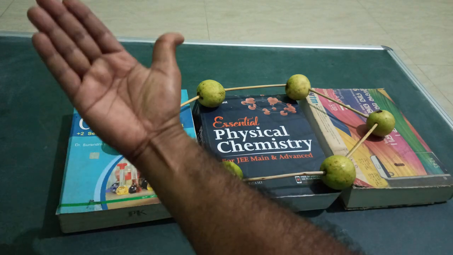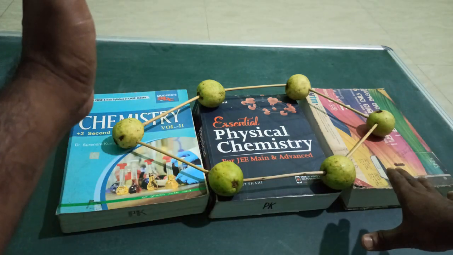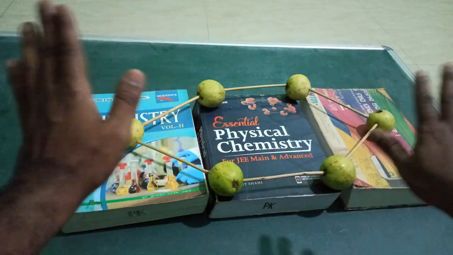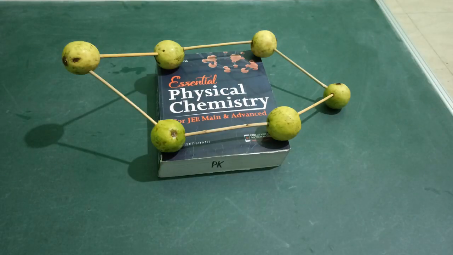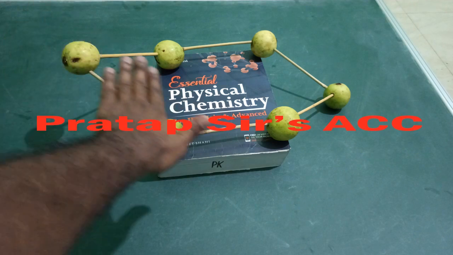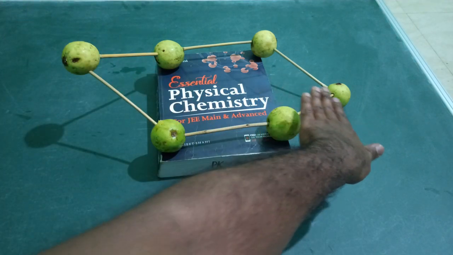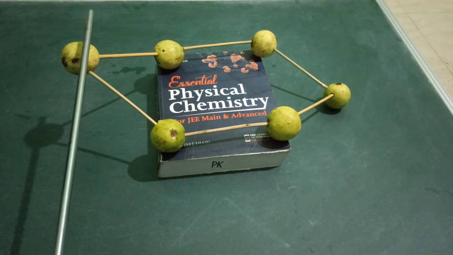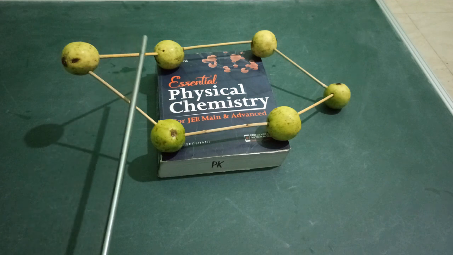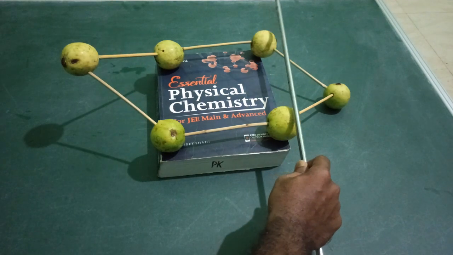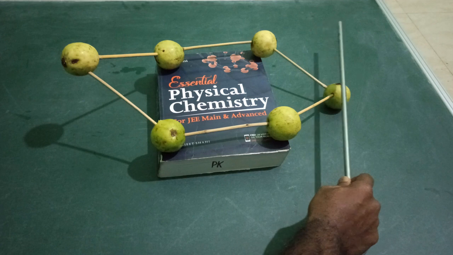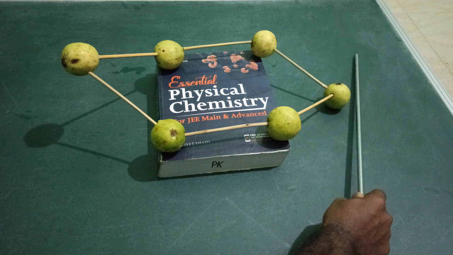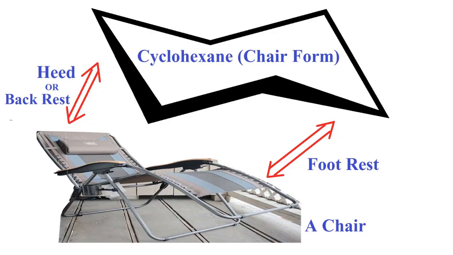Thus, you get the cyclohexane structure in the chair form. You see, this is the structure of the chair form. Now, this is the head, and this is called the footrest of the cyclohexane structure in chair form.